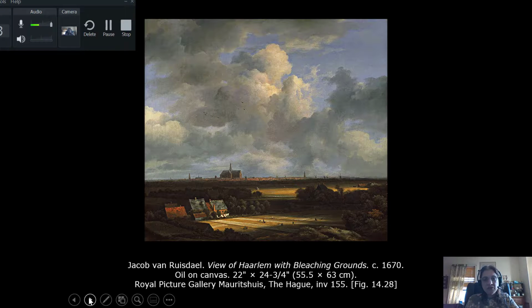Genre painting, I just mentioned this before. So this is Haarlem, which is actually also in Amsterdam, around Amsterdam, there's a Haarlem. And so this is a genre painting, and it's a painting then of an everyday scene. So you've got the people out in the field who are working here, and you've got the town in the background, the church, again, way off and off center, so not as important anymore, right?